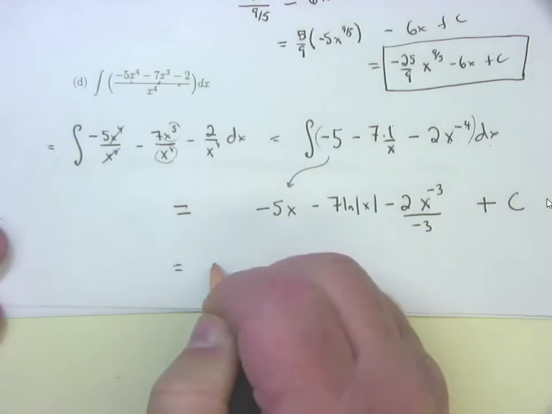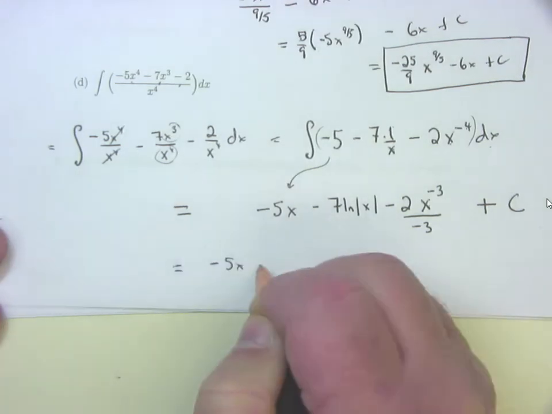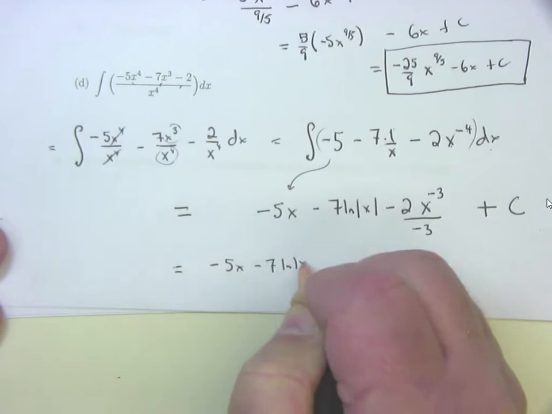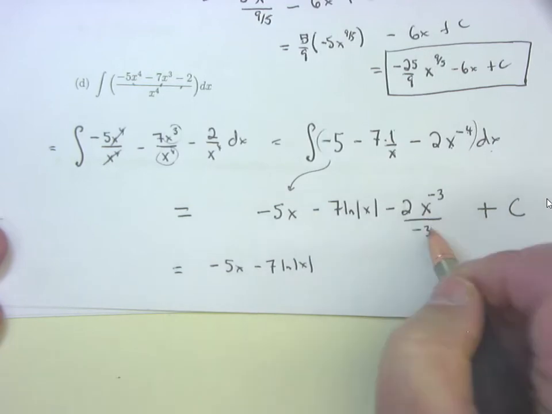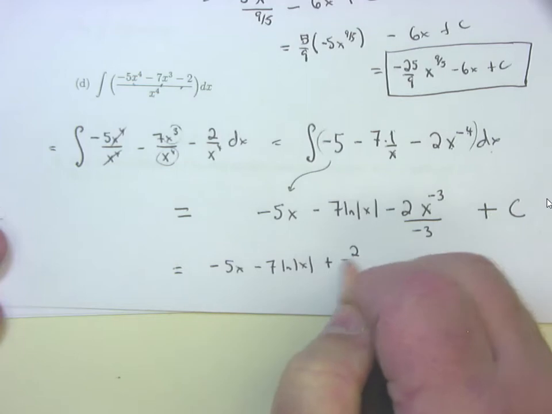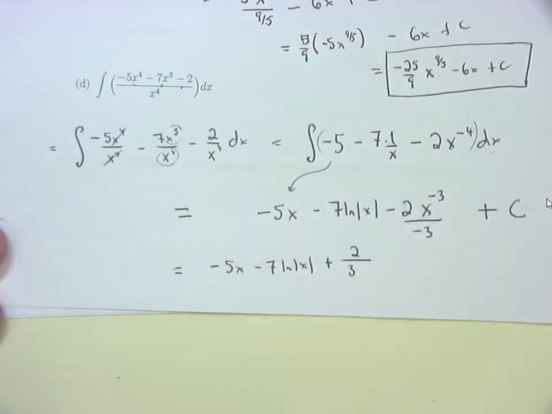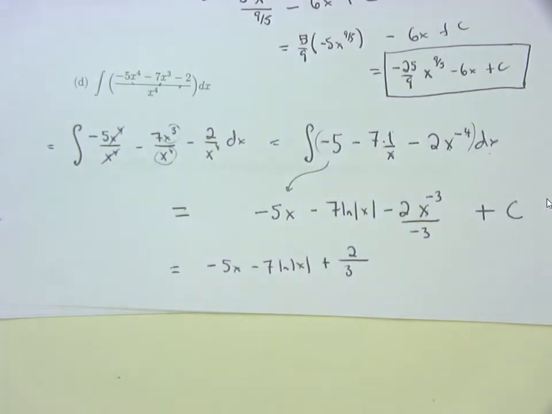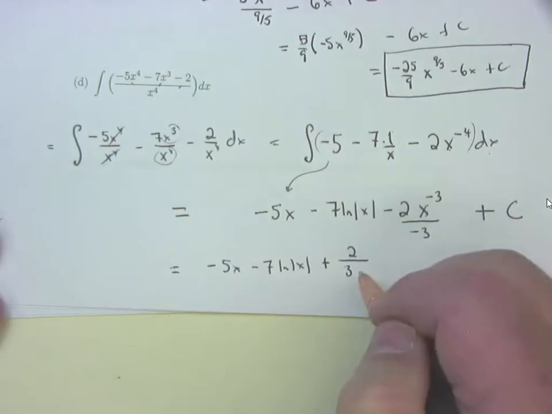So this is equal to negative 5x minus 7 natural log absolute value of x. A negative divided by a negative is a what? Positive 2/3. x to the negative 3, a negative exponent, if you want to clean them up, goes back where it came from, which is back to the denominator, and becomes a positive exponent.